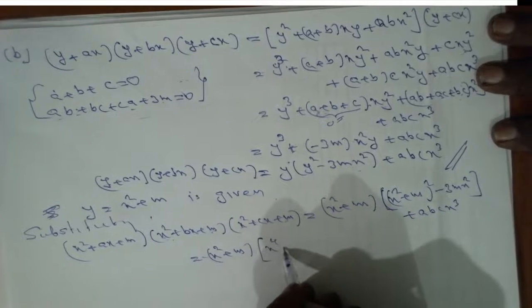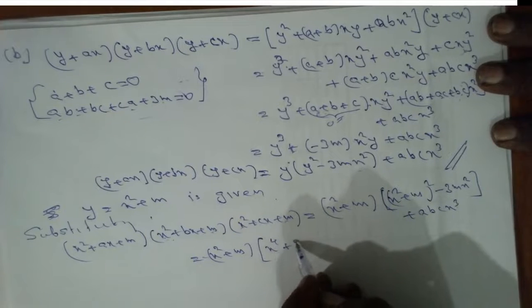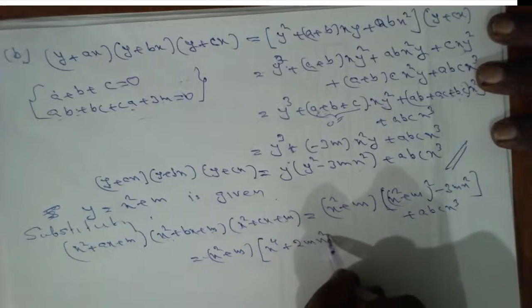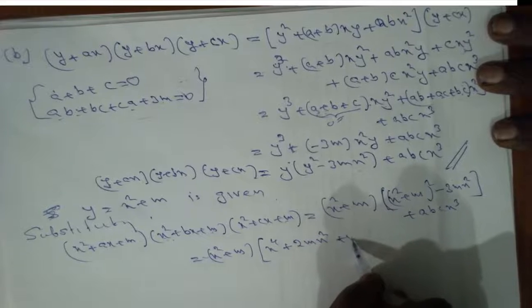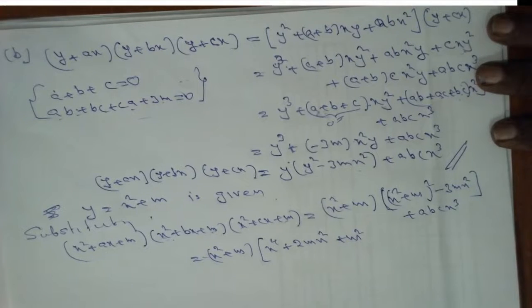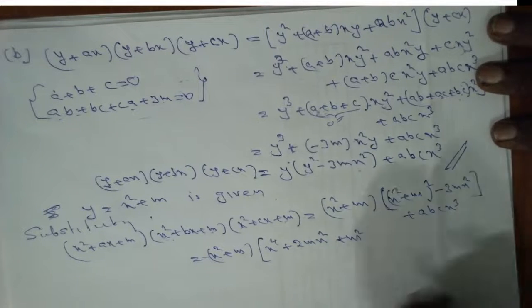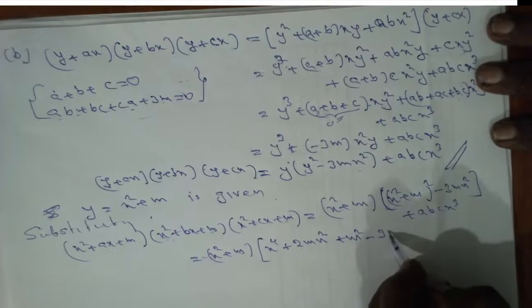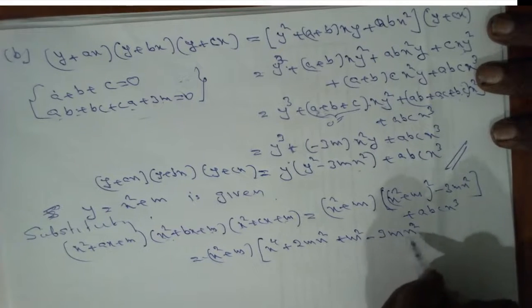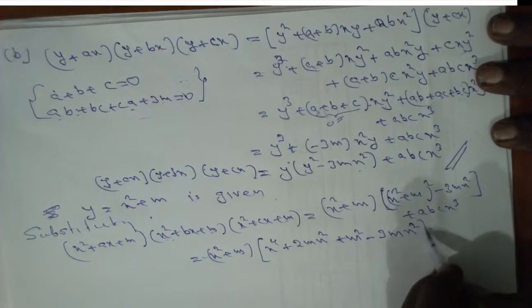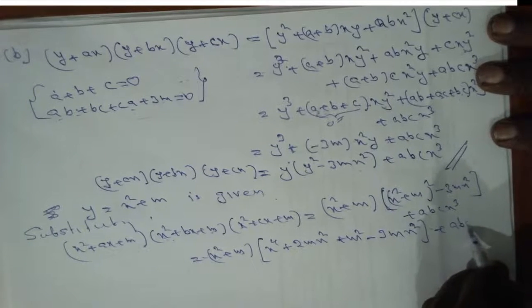X to the 4 plus 2mx squared plus m squared, minus 3mx squared plus abc x cube.